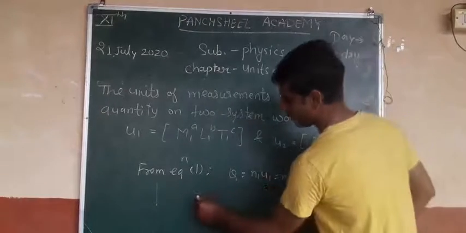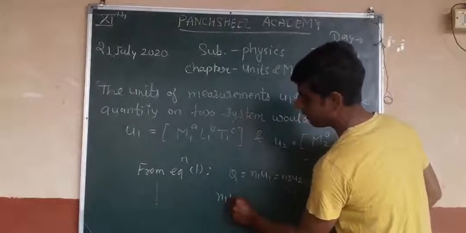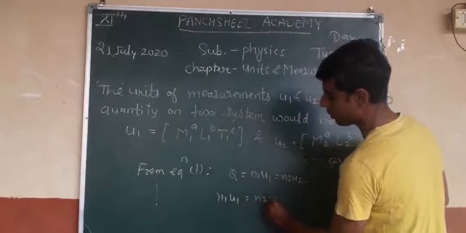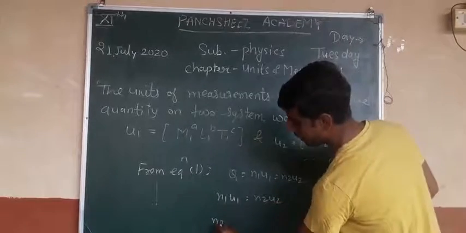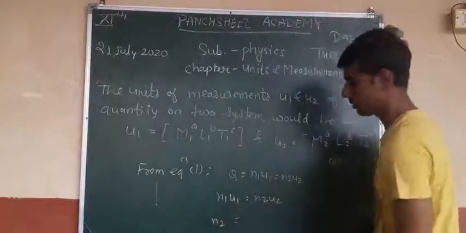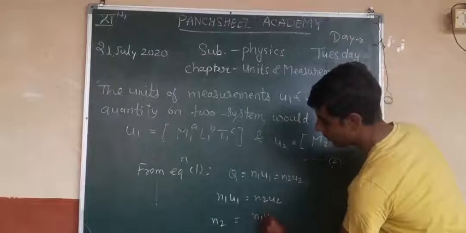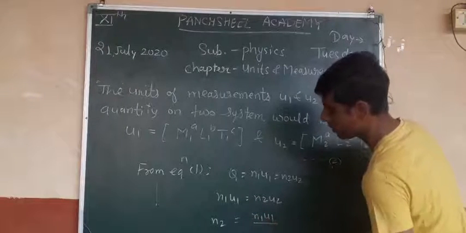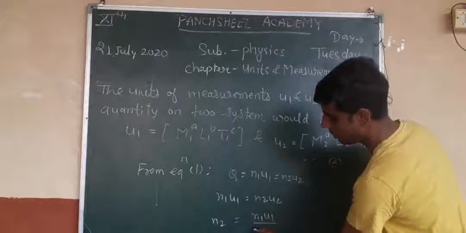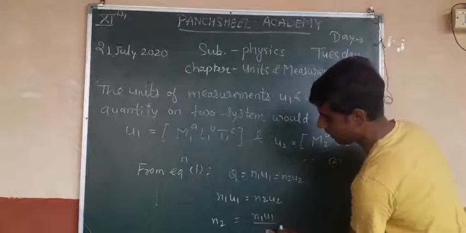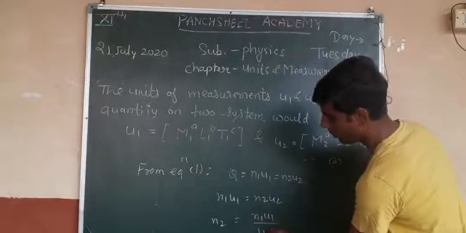From equation first, n1 u1 equal to n2 u2, and n2 equal to n1 u1 upon u2.